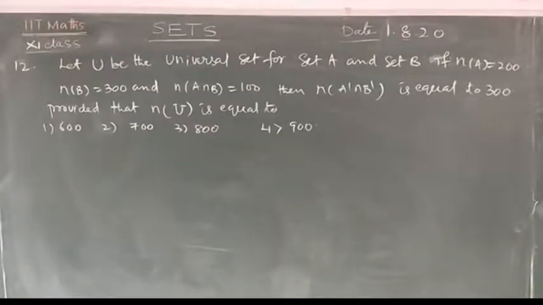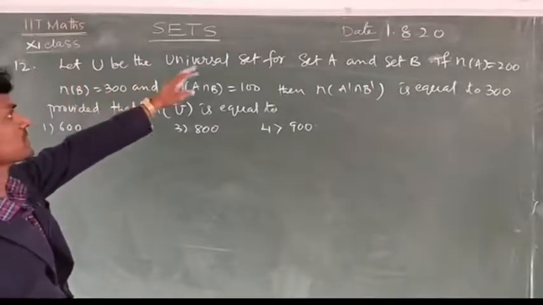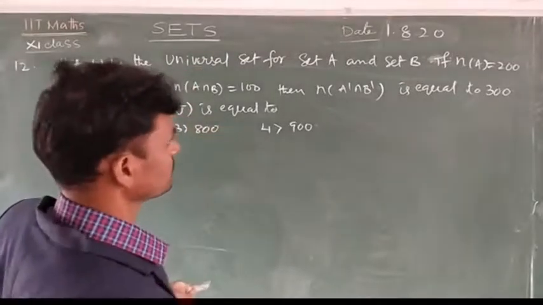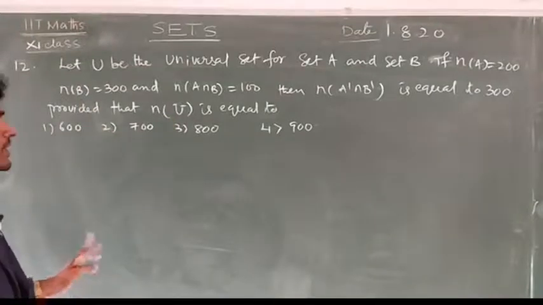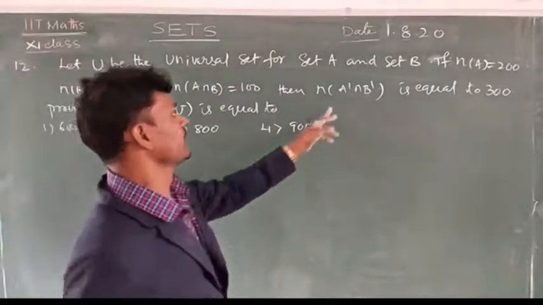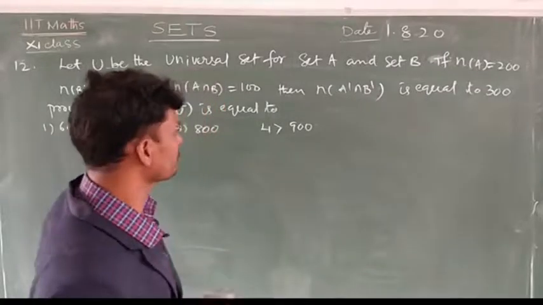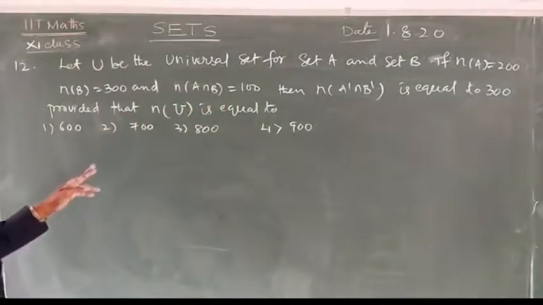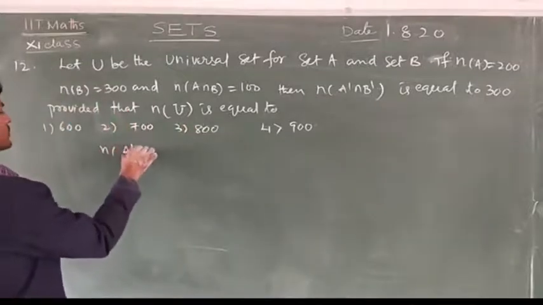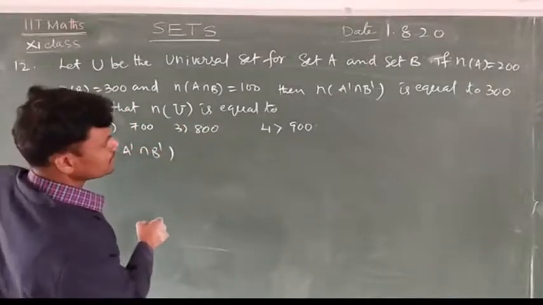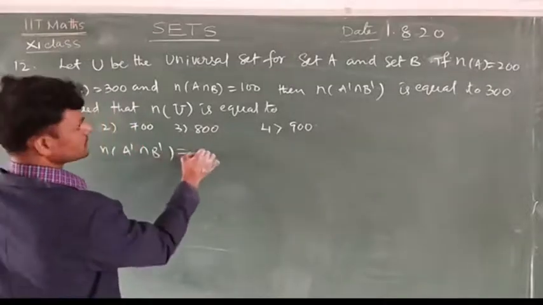Now the 12th question: let mu be the universal set for the sets A and B, and n of A is equal to 200, n of B is equal to 300, and n of A intersection B is equal to 100. Then n of A dash intersection B dash is equal to 300. Then n of mu is equal to, n of A complement intersection B complement is equal to how much as given?